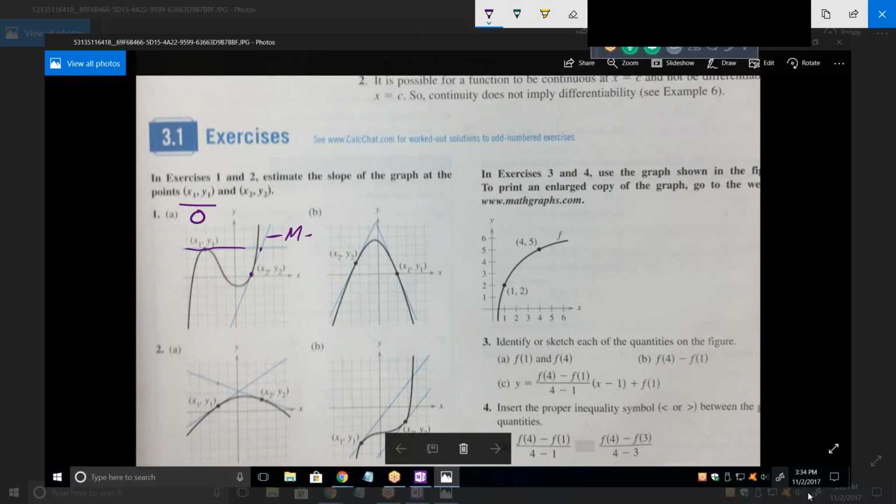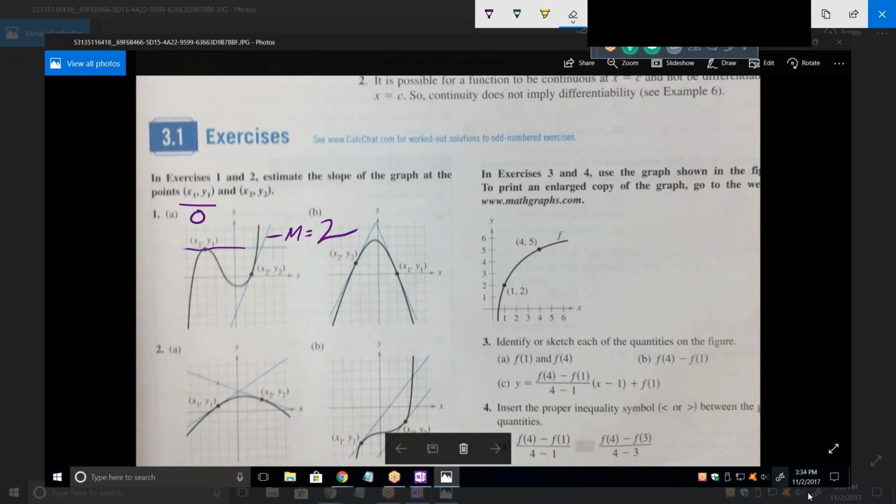Yeah, looks about right. About 2 maybe? Yeah, sure. If they'd really wanted us to give them a good estimate, they'd have put this point on a grid corner. They didn't. So they obviously don't care how accurate the estimate is. So that's a reasonable estimate.